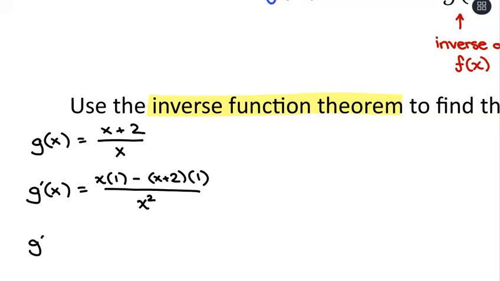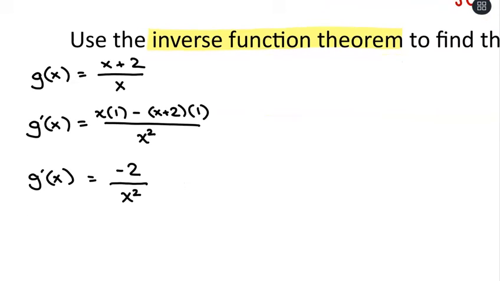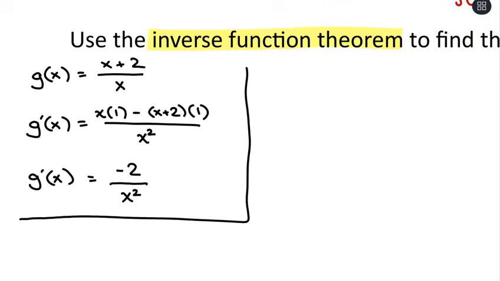If we simplify that down, we'll have x minus x minus 2, so that'll be a negative 2 over x squared. So if we're interested in the derivative there, done, all good to go.